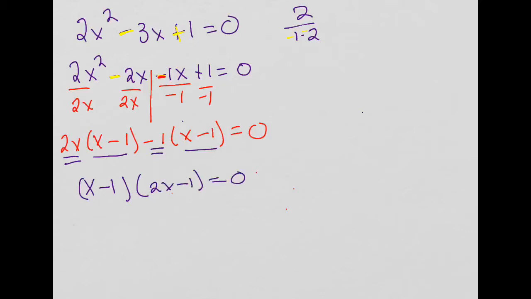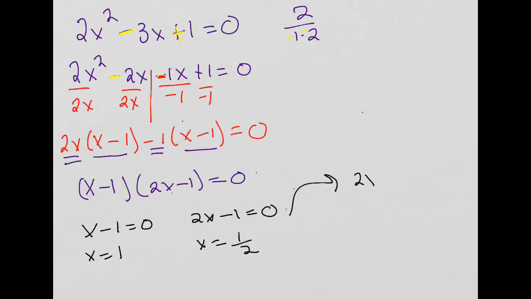Okay, now remember we are solving for x. So that means I need to find the value of x. So I'm going to set each binomial equal to 0 and solve for x. So this is x equals 1 because I added 1. And x equals 1/2. What happened here? Sorry.